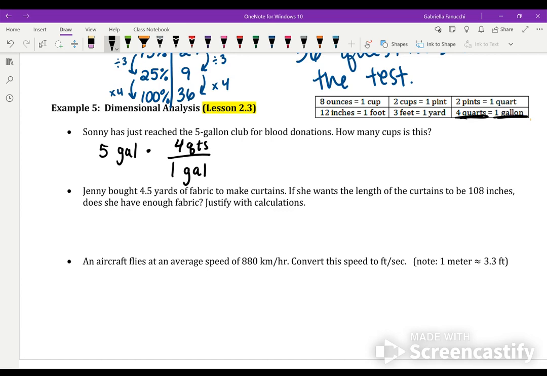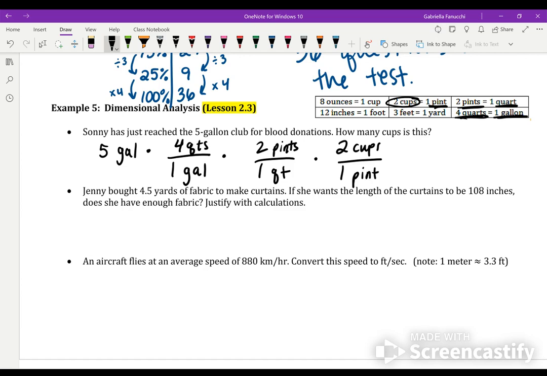Okay. So just follow me. Then we have to break down quarts into pints. So 1 quart is equal to 2 pints. And I'm getting all this information off the table over here to the side. Now we have to break down the pint to equal the cups, which is our last thing. So 1 pint is equal to 2 cups.